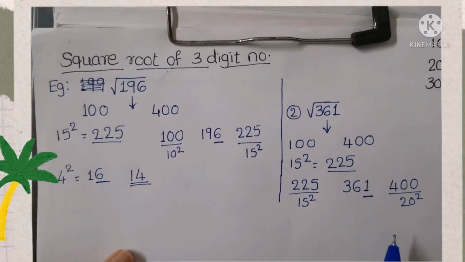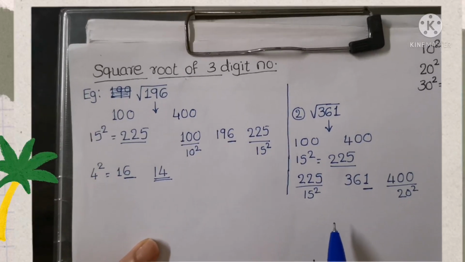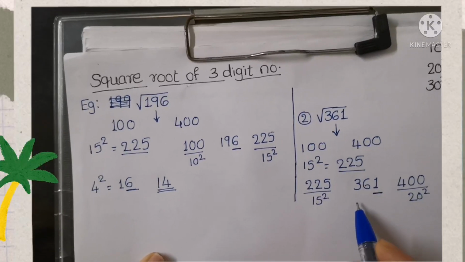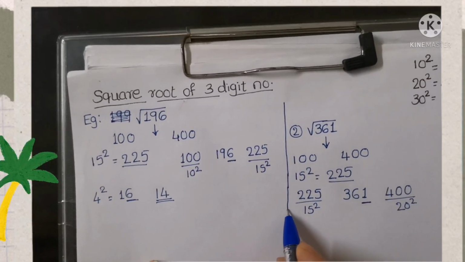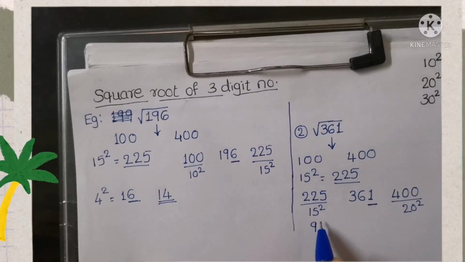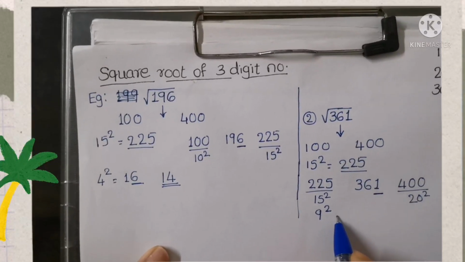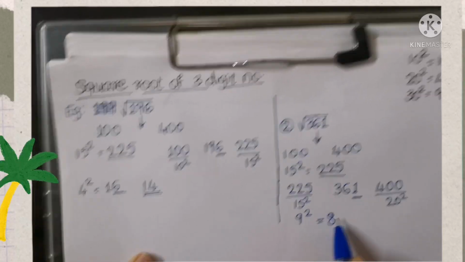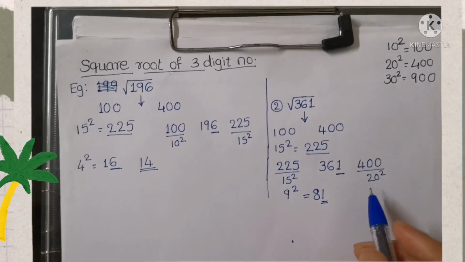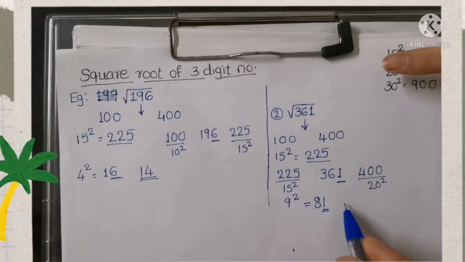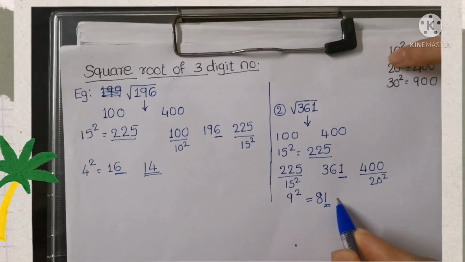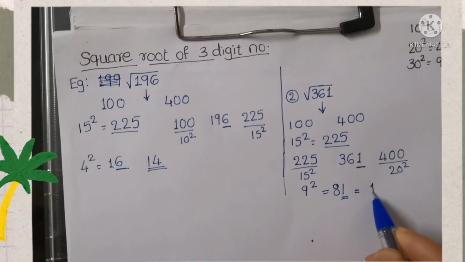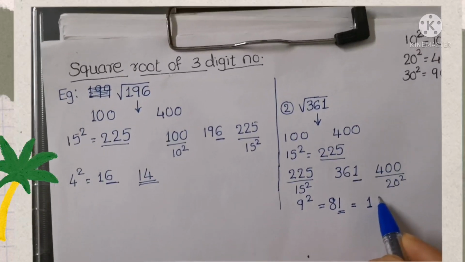In this number, our units place digit is 1. We have to find which square of numbers from 5 to 10 ends with 1. As we all know, the square of 9 is 81 and the last digit is 1. Our answer is 19.